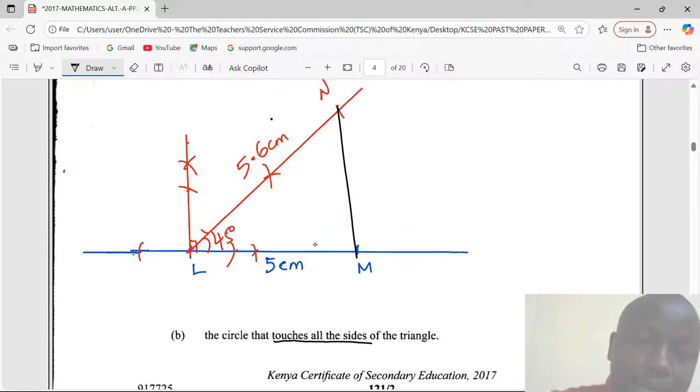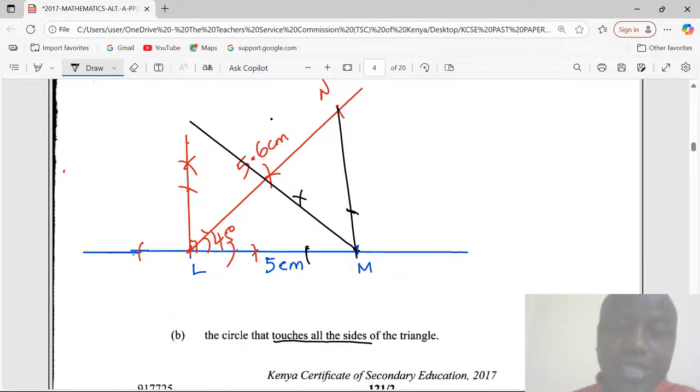Standing at M, we can draw a bisector of the angle at M that way. Then we also do the same for the angle at L. So we make arcs, we make other arcs inside there, and we come up with a bisector.